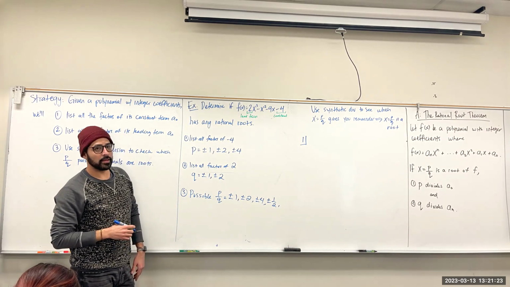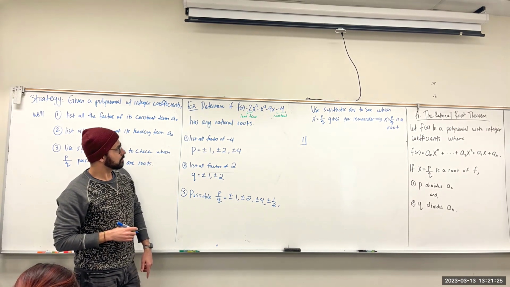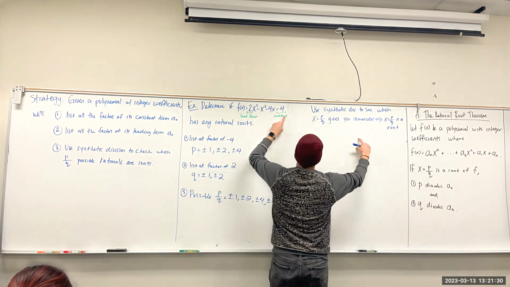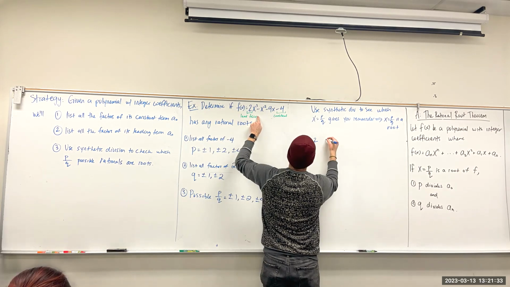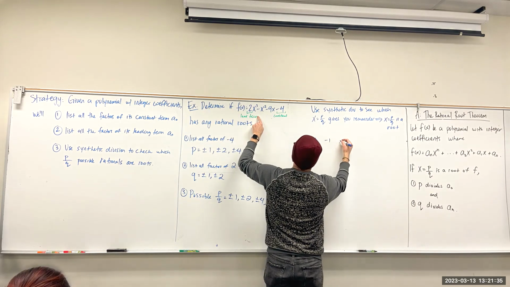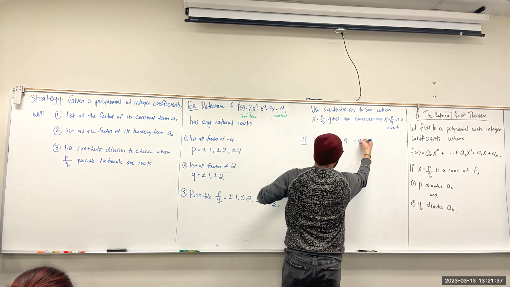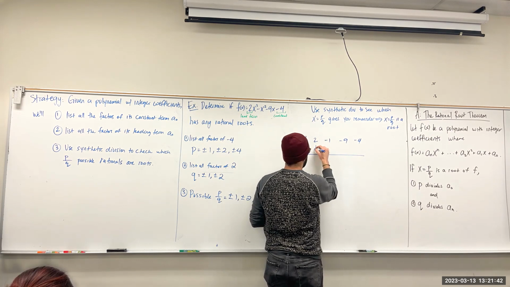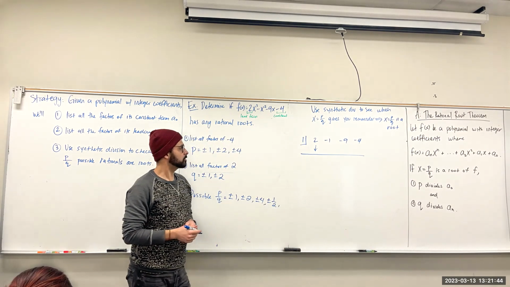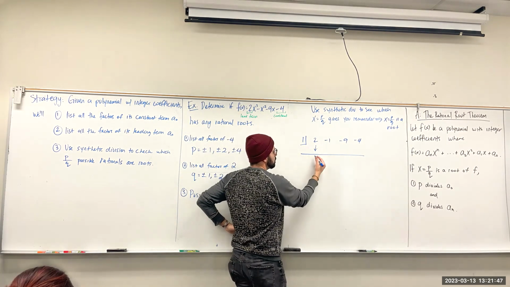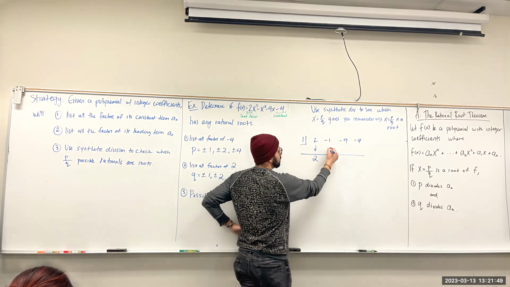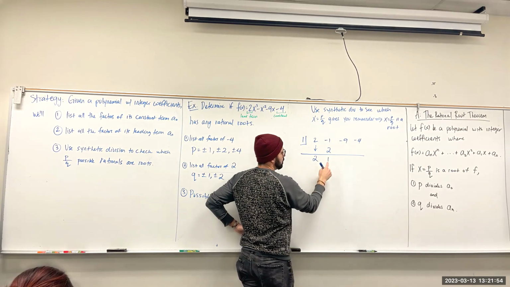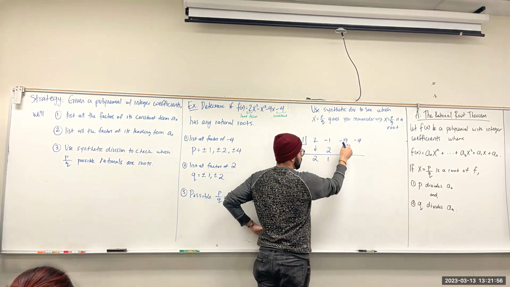What's the polynomial we're dividing? Exactly. So those are the coefficients you're going to list here. So 2, -1, -9, 4. And then you just do what you did on your warm-up. You bring down the 2. 2 times 1 is 2, add straight down, 1. 1 times 1 is 1, add straight down, -8.